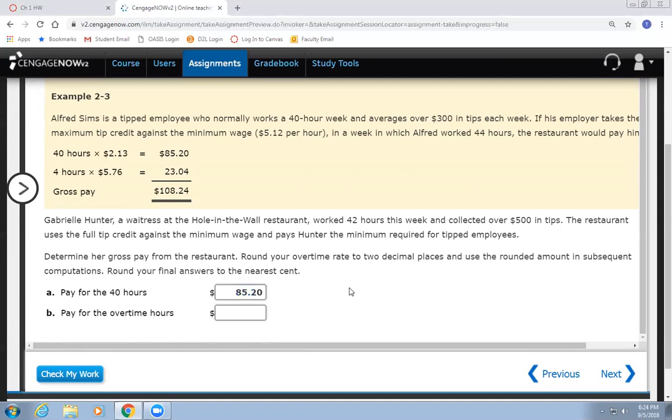So we take the federal minimum wage, $7.25 times 1.5, which was $10.88 rounded. And we subtract out the tip credit at $5.12. When I do that, I get an overtime rate of $5.76.